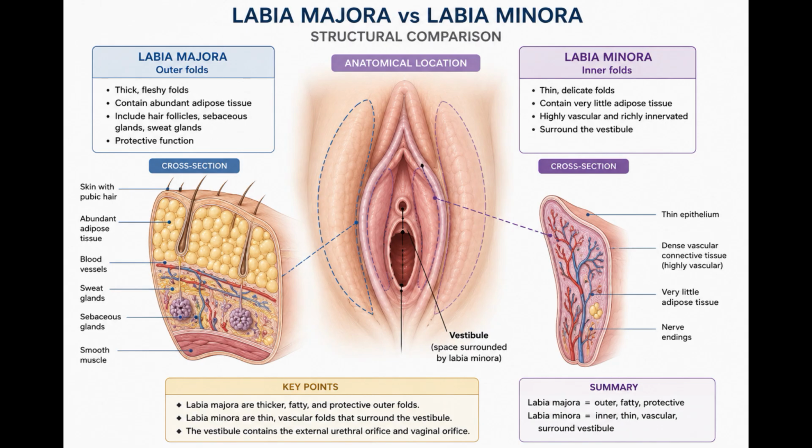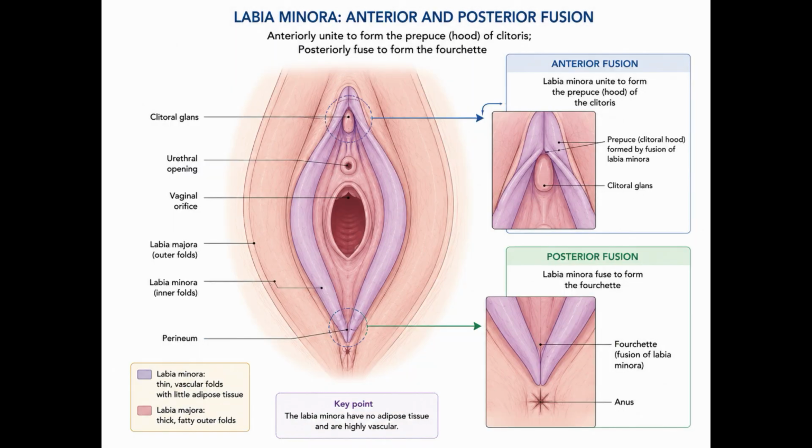Medial to the labia majora lie the labia minora. Unlike the labia majora, they contain very little adipose tissue. Instead, they are thin, highly vascular folds of skin that surround the vestibule. Anteriorly, the labia minora unite to form the prepuce, or hood, of the clitoris. Posteriorly, they fuse to form the fourchette, an important anatomical landmark.